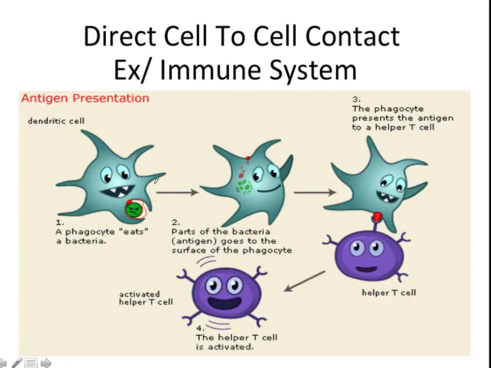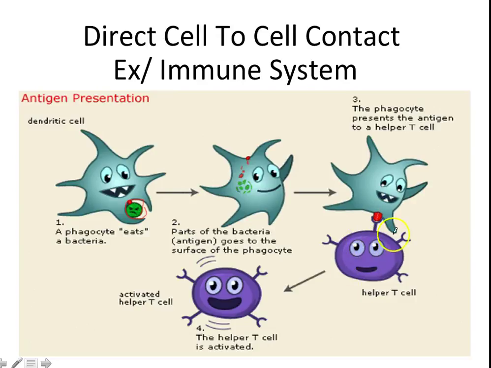So that's our first part. These 2 guys had to come in direct contact for communication. Then it's going to break down all that bacteria and present some parts of it out on the outside of itself. So it ate up that bacteria, and now down here it's showing other cells a part of that bacteria.